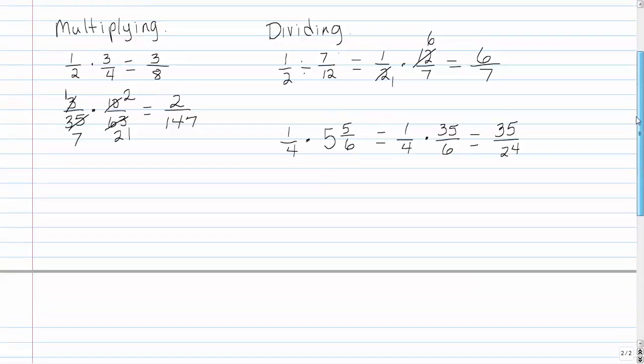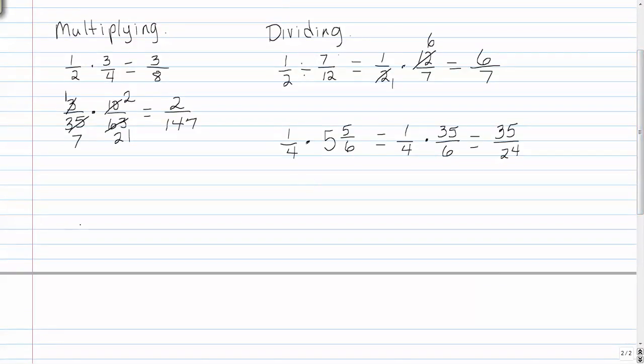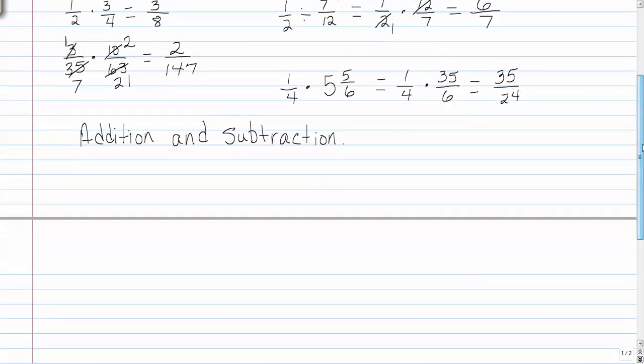Okay, now let's move on to addition and subtraction. Okay, addition and subtraction, that's where you have to have your common denominator. So let's look at this, 2/3 plus 3/7.